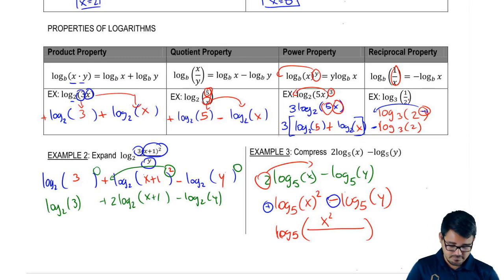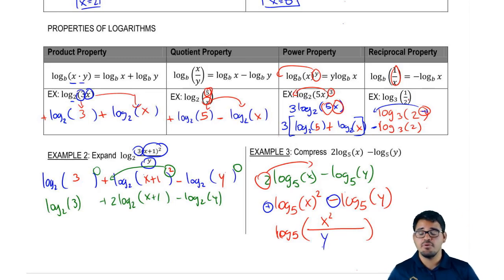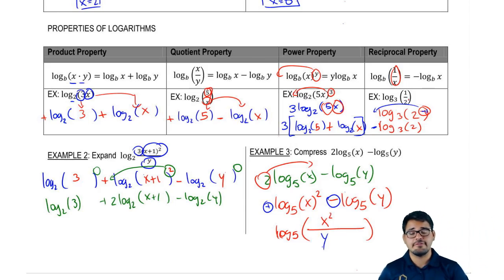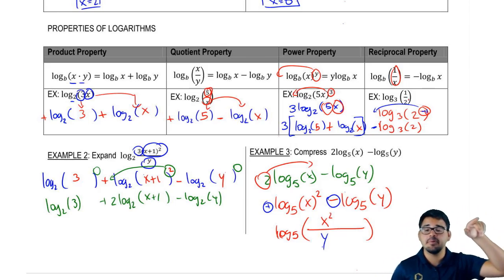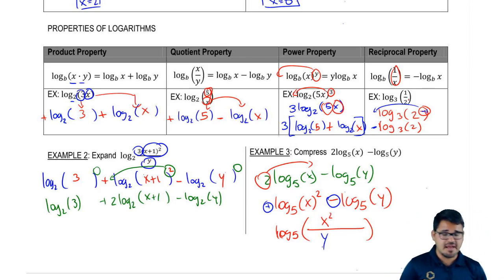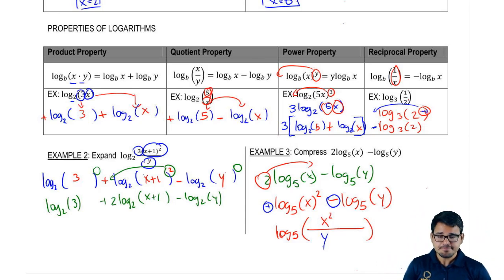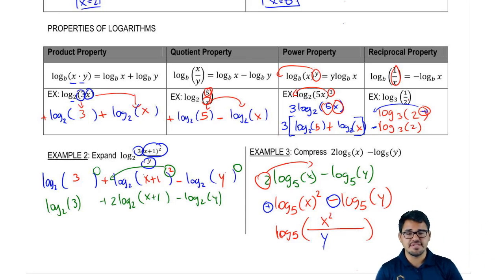So he's going to go on the bottom. So the y goes on the bottom. And we're done. That's all we have to do. So for compression, we first look out for the coefficients. We bring them up as exponents, and then right after that, we make it all into one big log, and then we ask ourselves who's on top, who's on the bottom, and we put it all together.